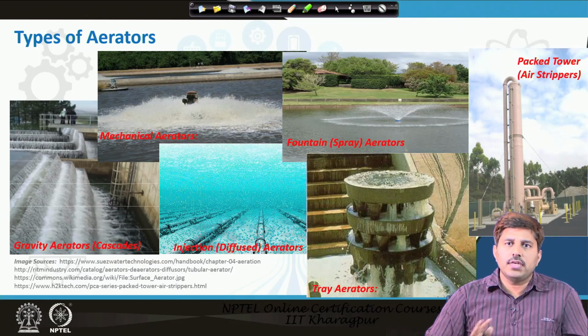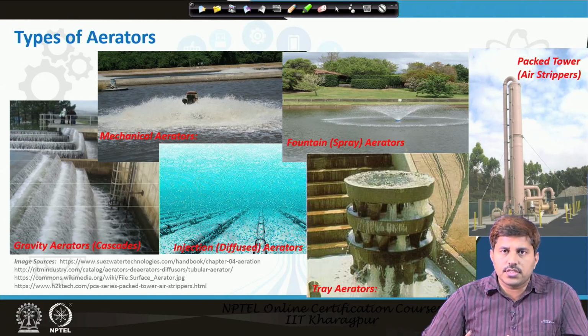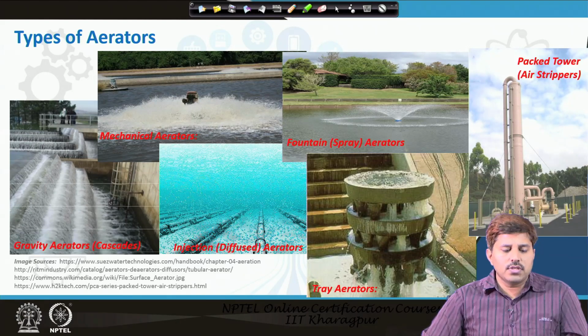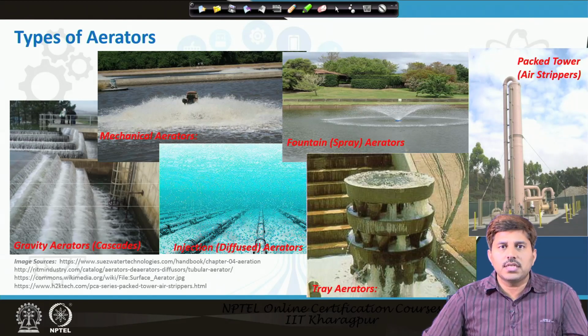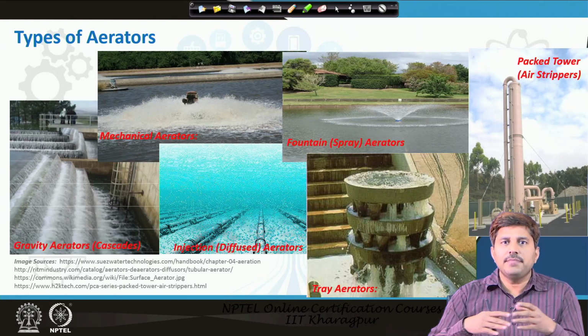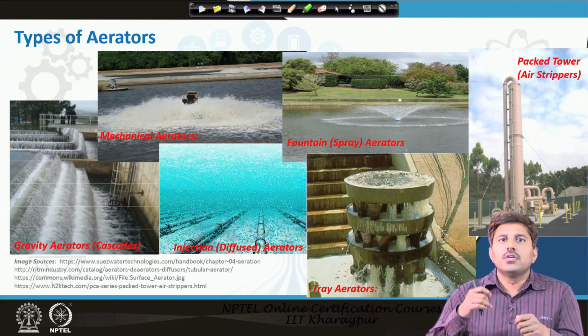So it is actually not a good system. Packed towers are not a good system for removal of iron and manganese. Iron and manganese could easily be removed using a cascade aerator or in a tank, where even the diffused aerator is not a good option, because those precipitates will settle at the bottom, okay, and may clog the diffusers.